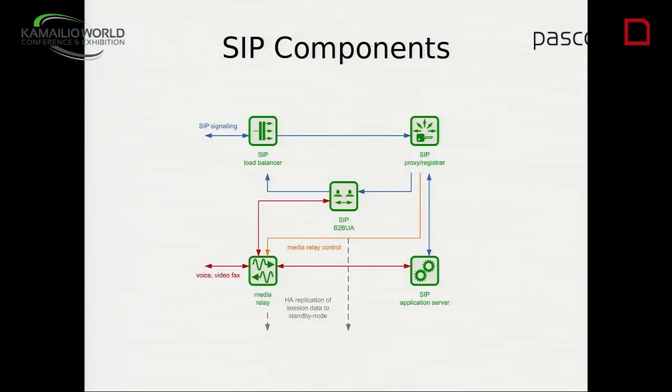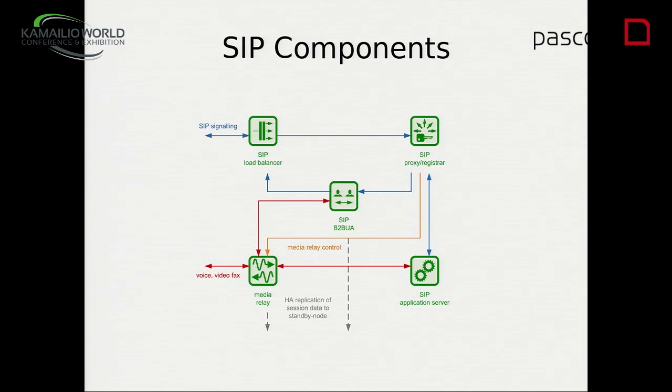The only instance of Kamailio which is exposed to the external world is the load balancer, which is a stateless proxy, and then inside, binding on the localhost, we have the stateful proxy and registrar server based again on another instance of Kamailio.